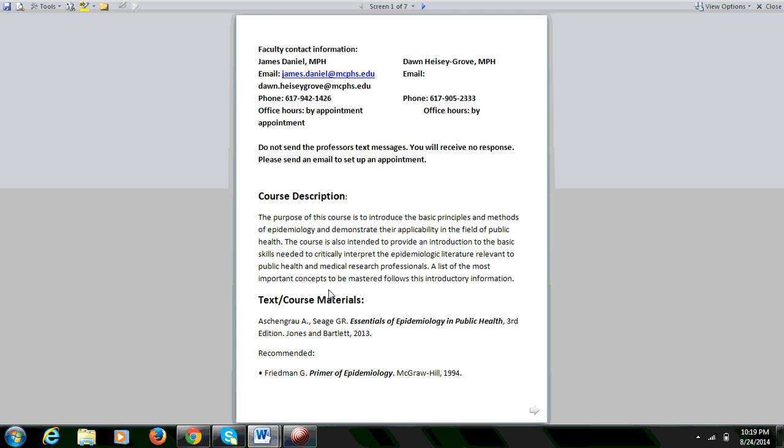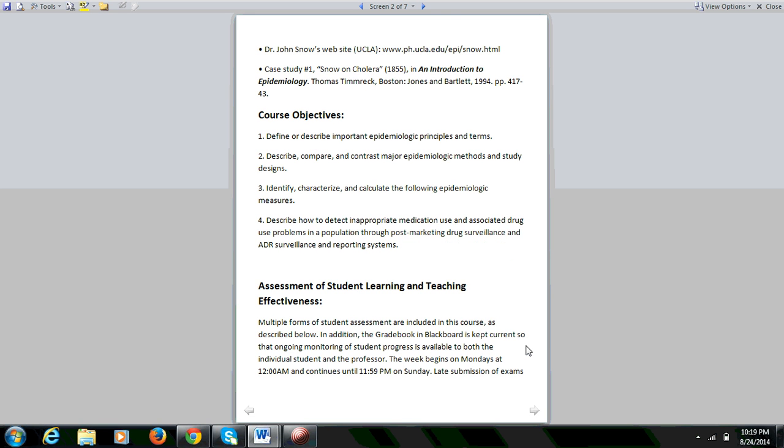For the text, we do recommend that you get the Ashengrau book, and the other books are recommended but certainly not required. But it is helpful to have the Ashengrau Essentials of Epidemiology and Public Health text. You'll see the course objectives, and then we'll move right into the assessment of your grade.